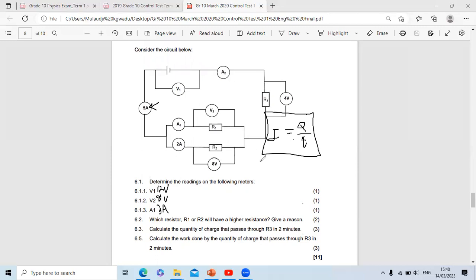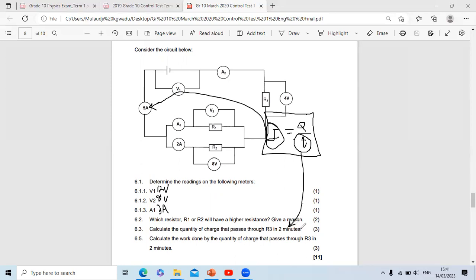So we know our I, which is our current, which is 5 amperes, and we know our time, which is 2 minutes. But since we're doing physics, or science, we do not use minutes when we're referring to time. We're going to use seconds.